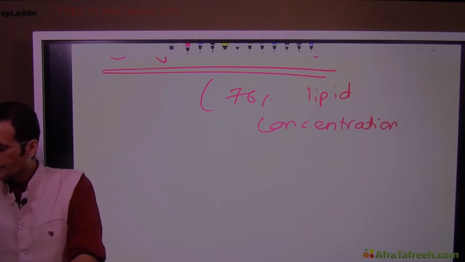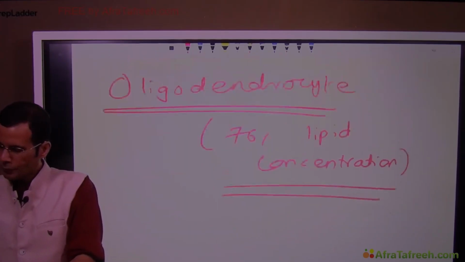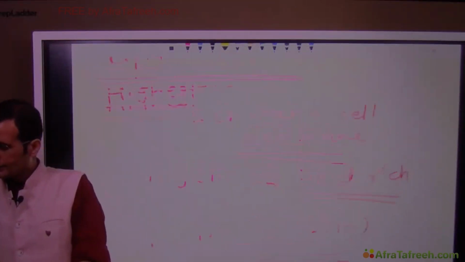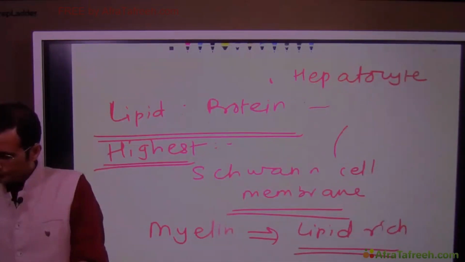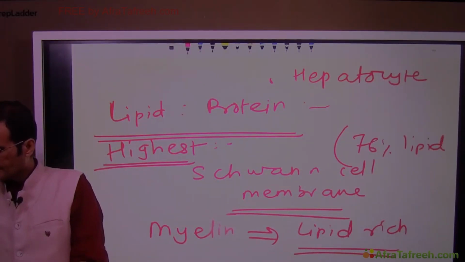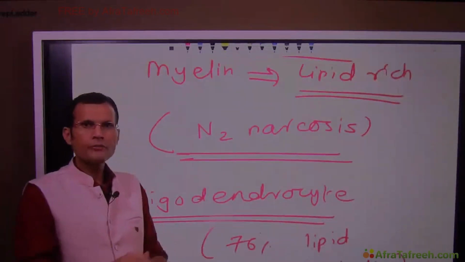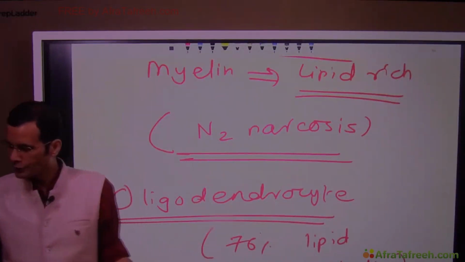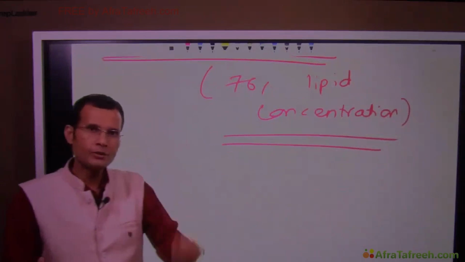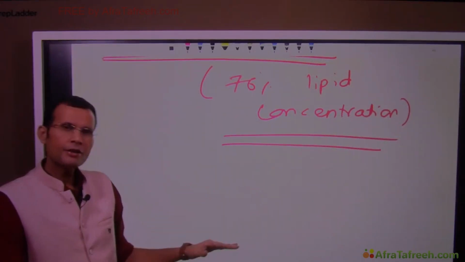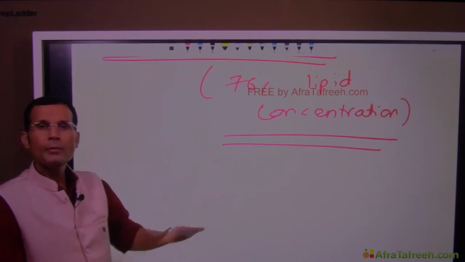So the highest concentration of lipids, almost 76%, is in the oligodendrocyte membrane and Schwann cell membrane. Schwann cell, peripheral nerves, and oligodendrocytes, the CNS nerves, the brain neurons. But either way, they are myelinated, and myelin is lipid rich.